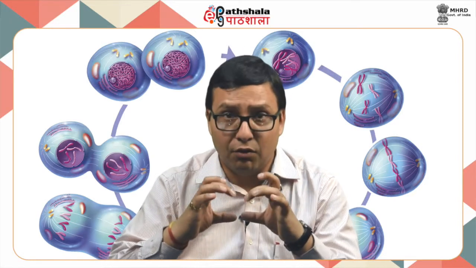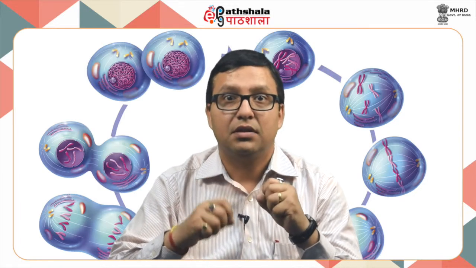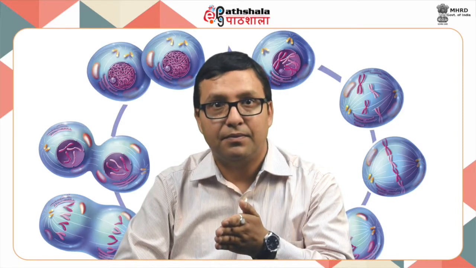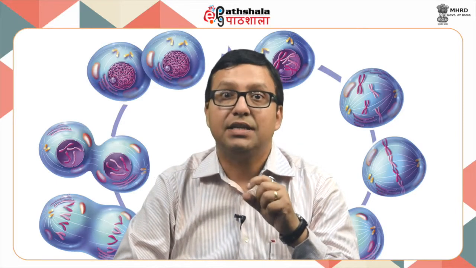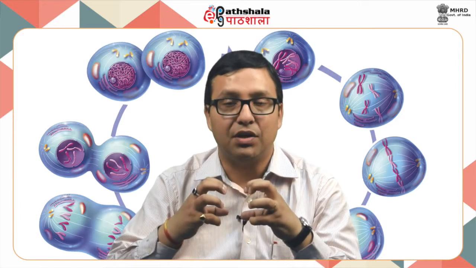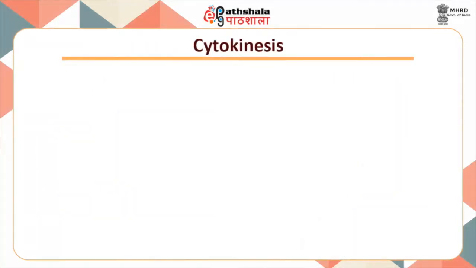But in an animal cell, a cell furrow appears during anaphase in the plasma membrane, which gradually deepens. Finally, at the end, it leads to the formation of two daughter cells having their own genetic material. In animal cells, the plane of cytokinesis is the same as that occupied by the chromosomes during metaphase.